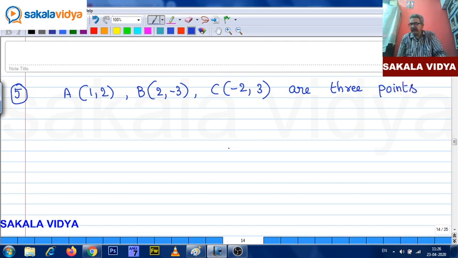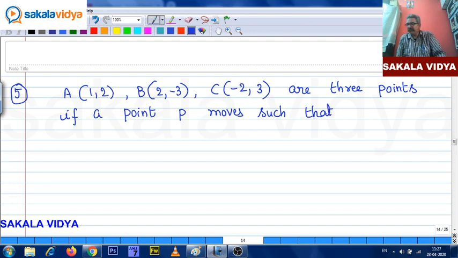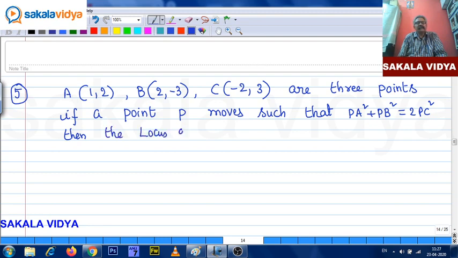If a point P moves such that PA square plus PB square equal to 2PC square, then the locus of P. Locus of P means equation of the locus of P, you need to find out.